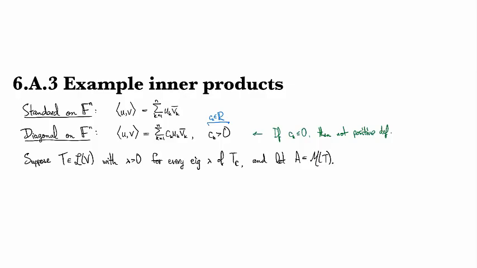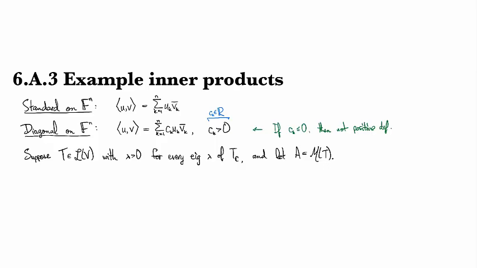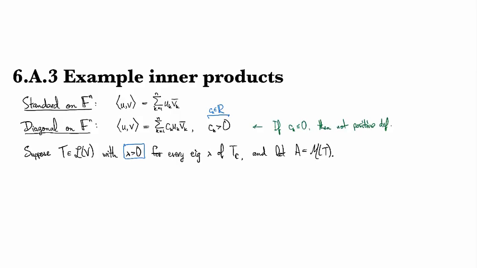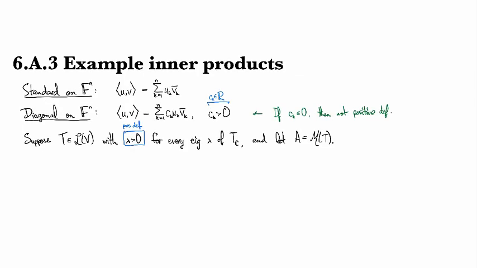Okay, so now the assumption here that the eigenvalues are positive is going to be to ensure that we have positive definiteness. And then I'm also going to require that A is Hermitian.